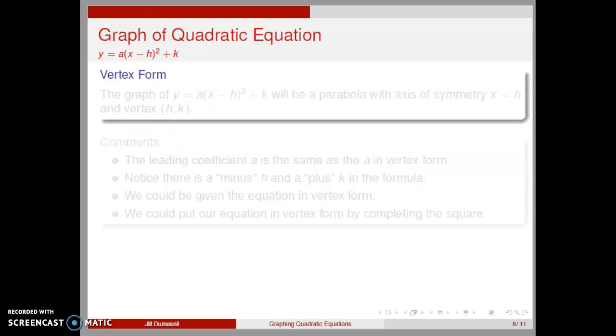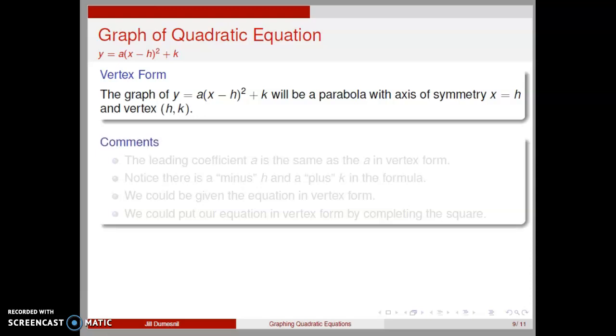Quadratic equations may be given or put in other forms. One particularly convenient form is what is sometimes called vertex form. The graph of y equals a times the quantity x minus h squared plus k will be a parabola with axis of symmetry x equals h and vertex (h, k).